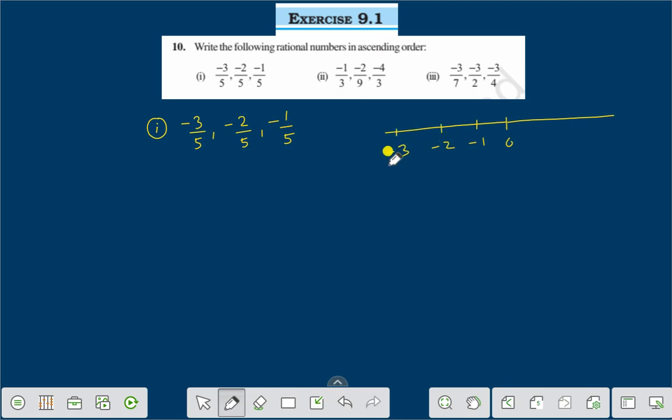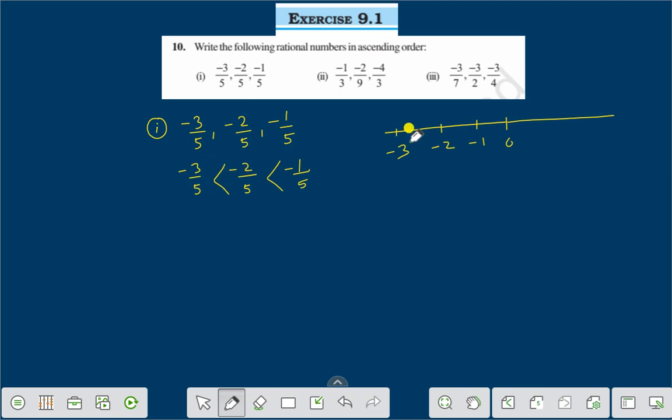Right? Therefore you can write minus 3 by 5 is less than minus 2 by 5. And minus 2 by 5 is less than minus 1 by 5, right? So minus 3 by 5.